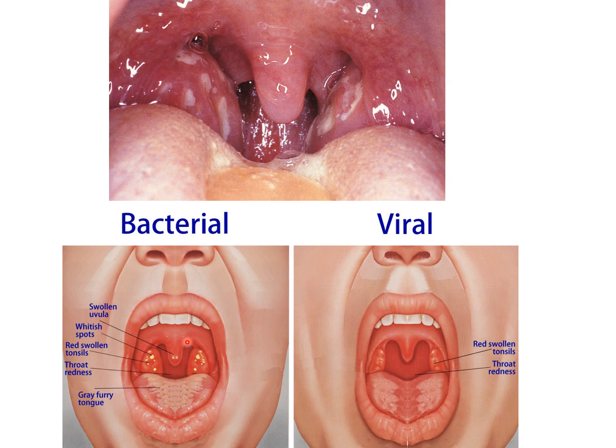And in this case, the patient might present with foul smelling breath as well. In the viral pharyngitis or tonsillitis, the only presentation might be redness and swelling in the pharynx and the tonsils.